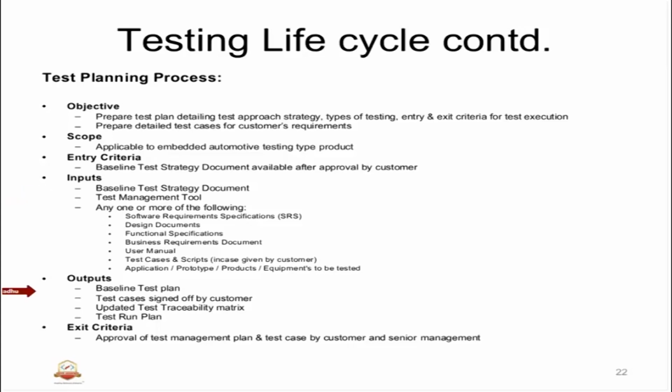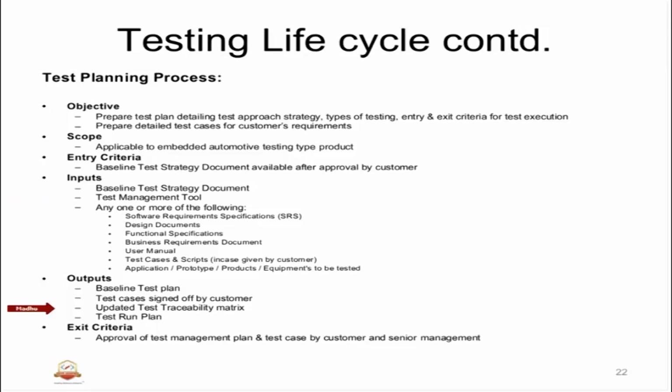and the output of this activity will have baseline test plan and test cases signed off by customer. That means I am going to develop a few samples with some details, and that should be agreed by the customer or the internal management. And we will also develop a sort of traceability.